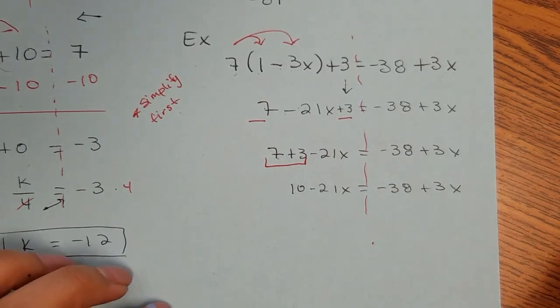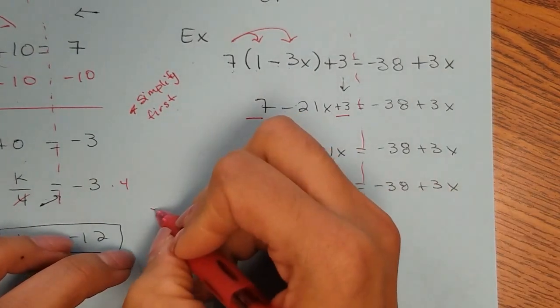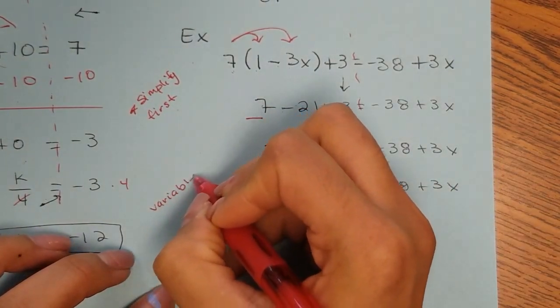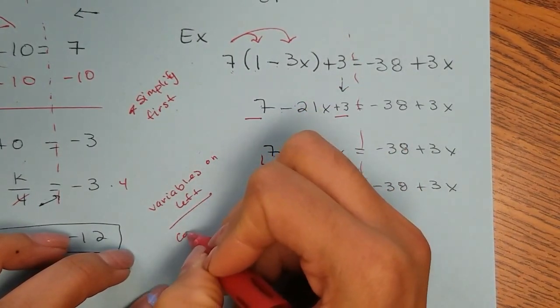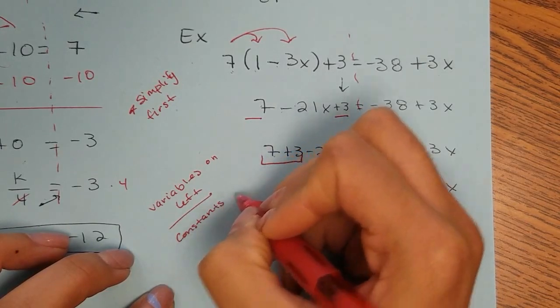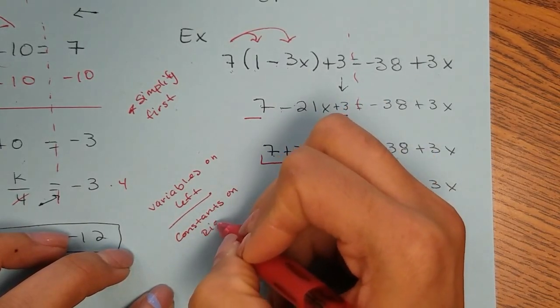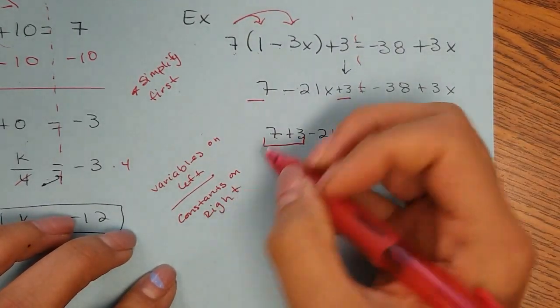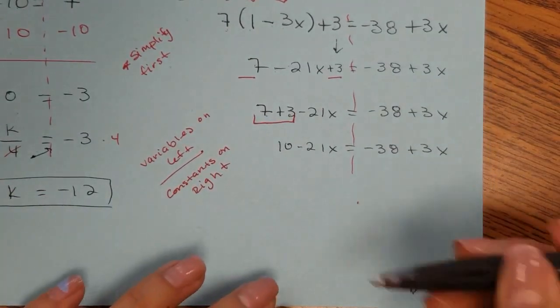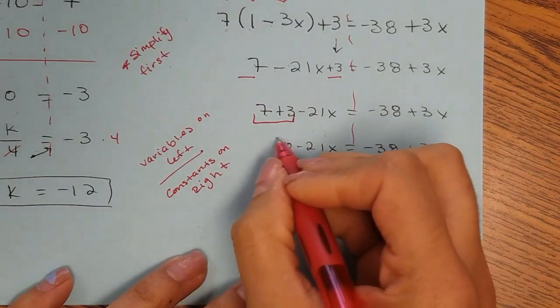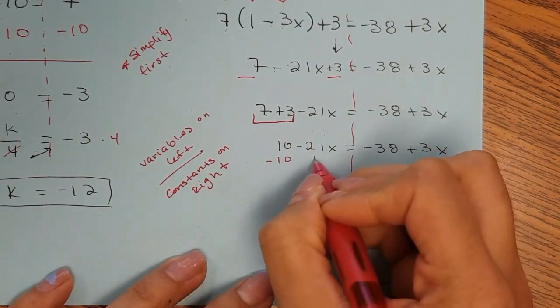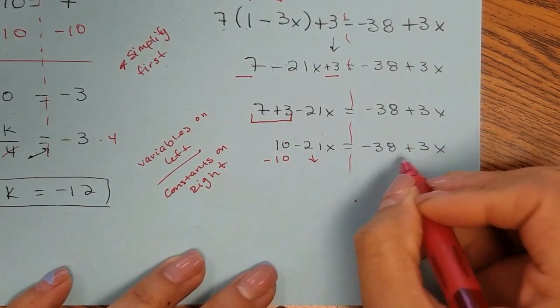So here you want to make sure that you get your variables on the left and then constants on the right. So you want to move stuff over. I'm going to leave this x here, and I'm going to move that 10. This is a positive 10, so I'm going to subtract it. That's going to come down.